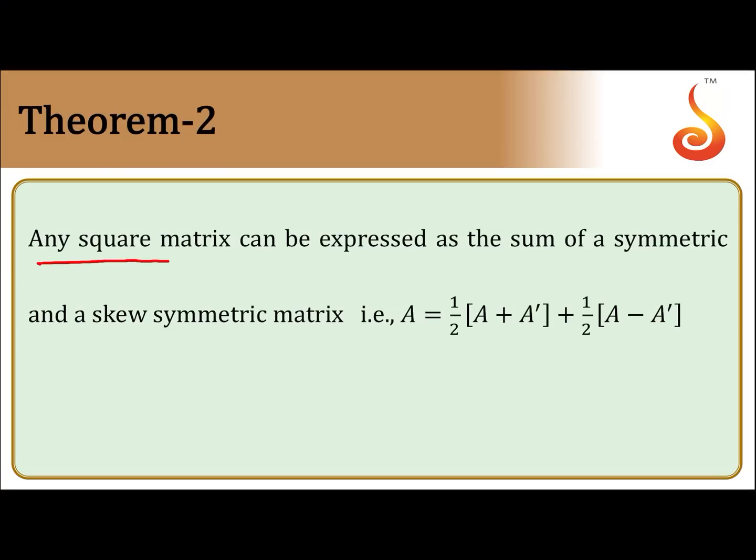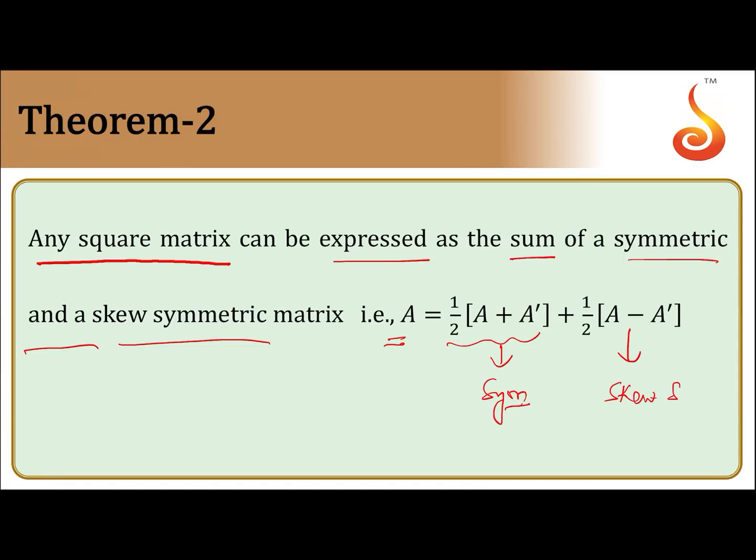Now, any square matrix can be expressed as a sum of symmetric and skew symmetric matrices. How do we proceed with that?